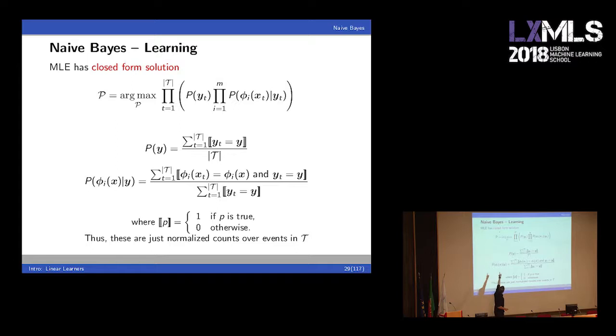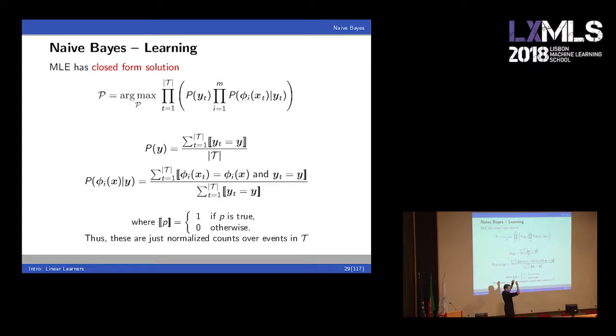So what we want to find is the parameters that optimize the probability of our training data given our naive Bayes model with this conditional independence assumption. And what we will find out is that the optimal parameters for the label probability is just the relative frequency of the label.